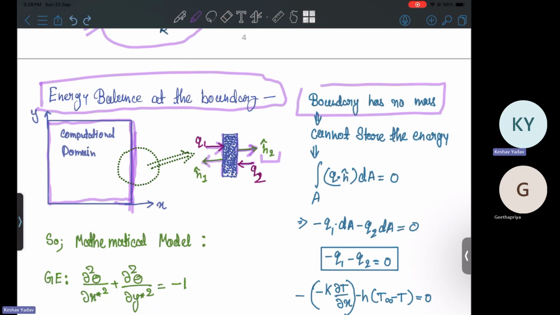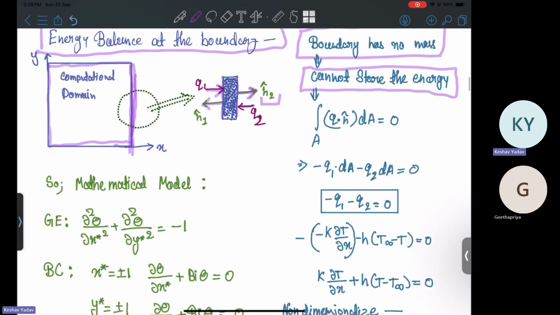Since the boundary does not have any mass, the boundary cannot store energy. So whatever heat comes from this surface will go out from the other surface. Or if we take the summation of the energy across this small control volume, it will be equal to 0.